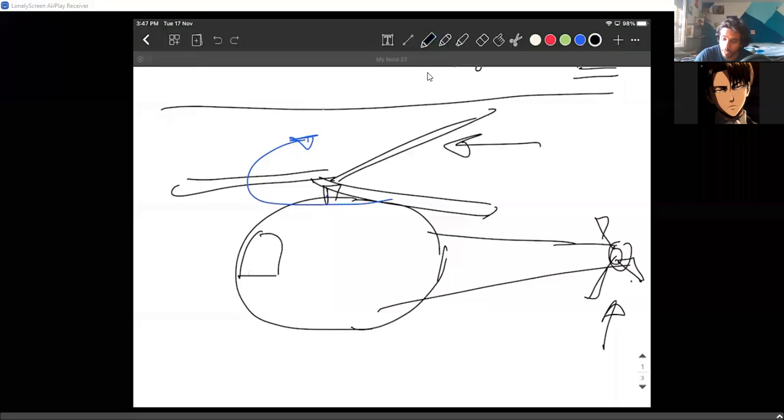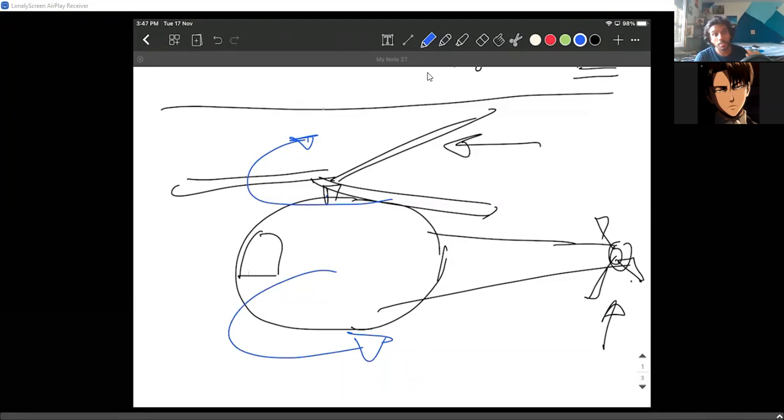Whenever you create this torque, the propeller will create some opposite torque on the body. So in reality, if you switch on the propeller of a helicopter, it actually rotates the body in the opposite direction. If the propeller is going clockwise, it rotates the whole body of the helicopter in the opposite direction.